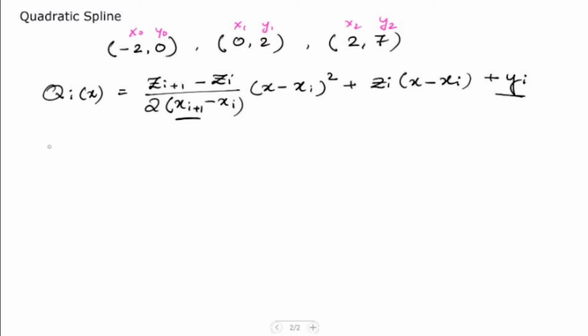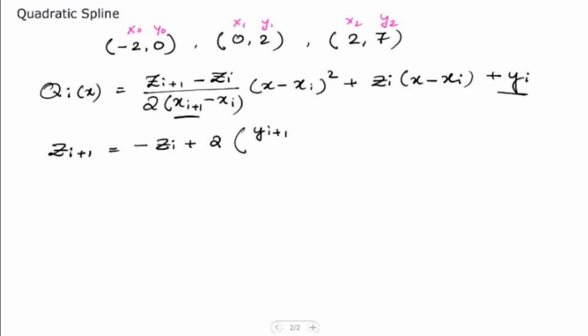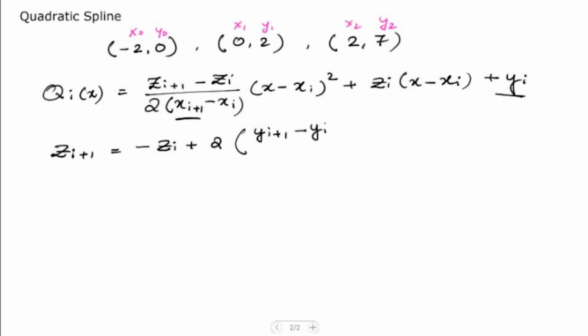For that, we have a separate formula, which is z(i+1) is equal to minus zi plus 2 times (y(i+1) minus yi) divided by (x(i+1) minus xi), where the values of i are between 0 and n minus 1.